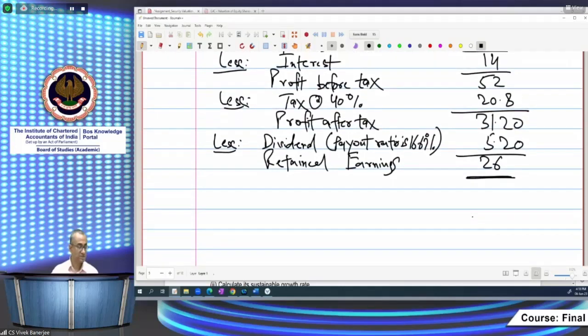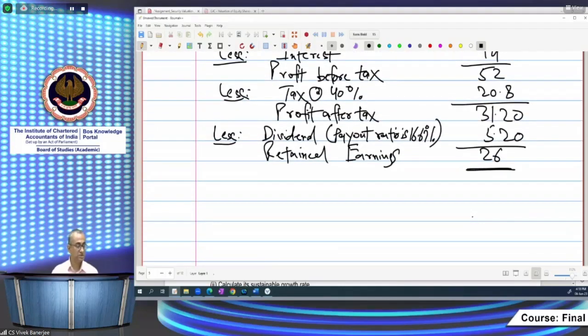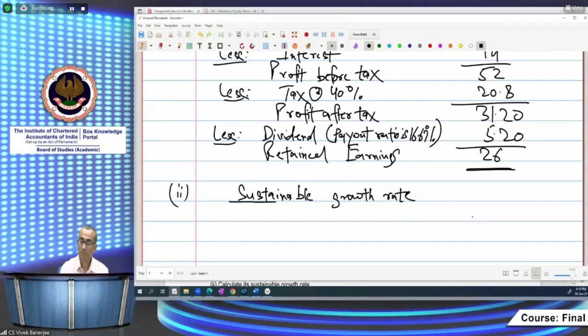Now come to the second aspect of the question, which is the calculation of sustainable growth rate. In our earlier question, we have seen how the growth rate can be calculated.